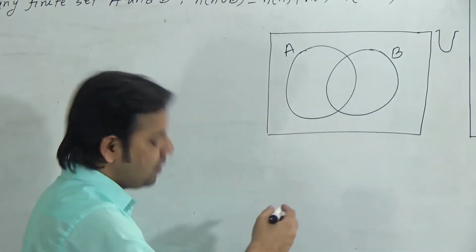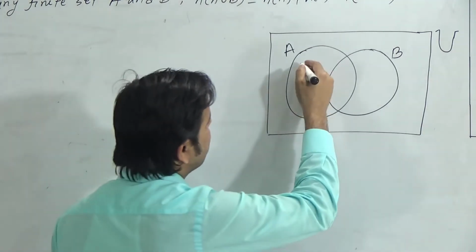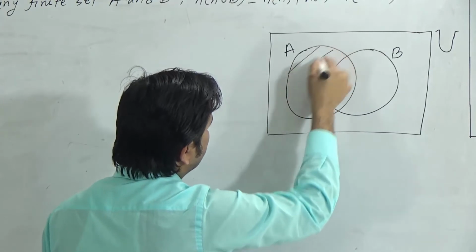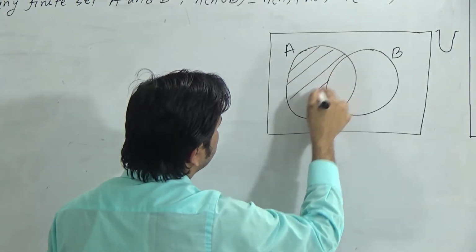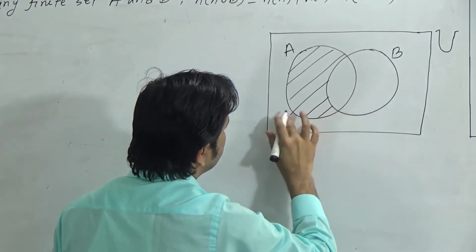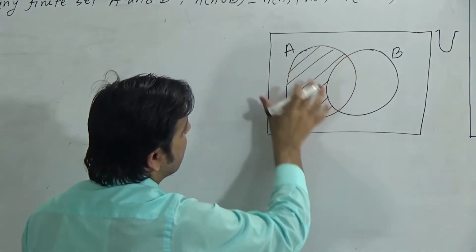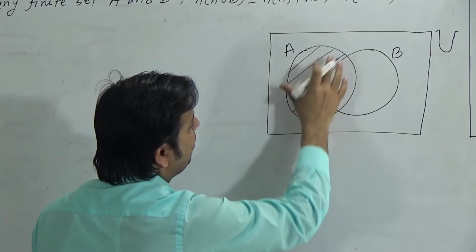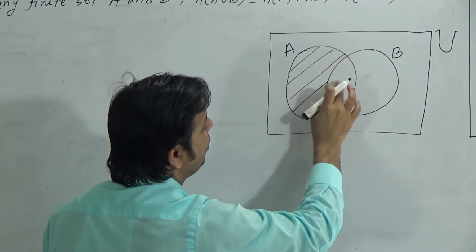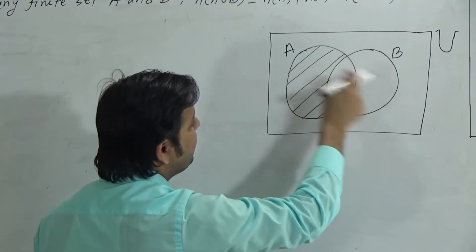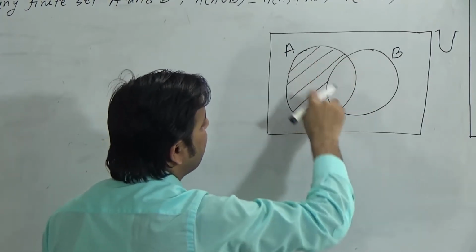From this figure, if we consider only this portion, here I have taken the set A, only the part which is not common with B. It means that if we delete B from A, we will get only this portion.